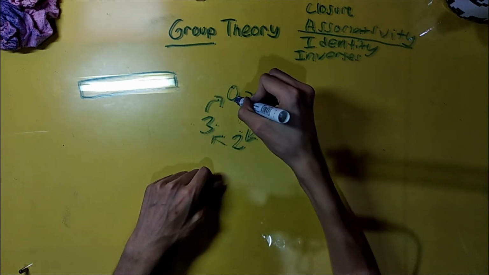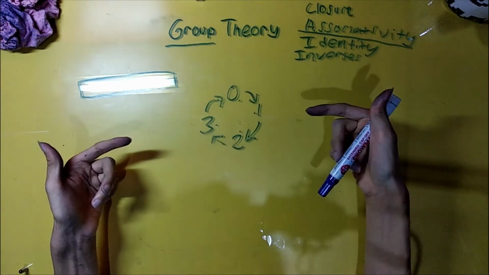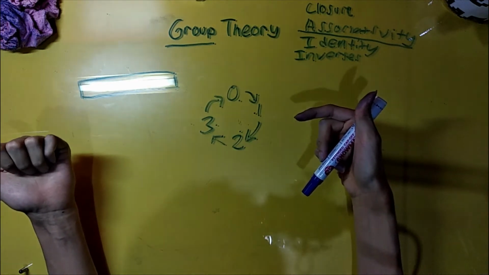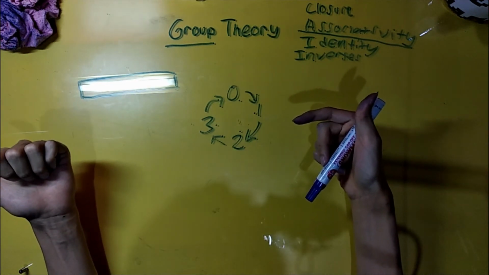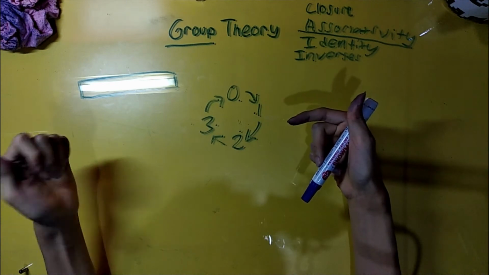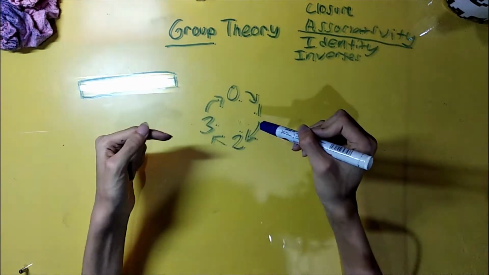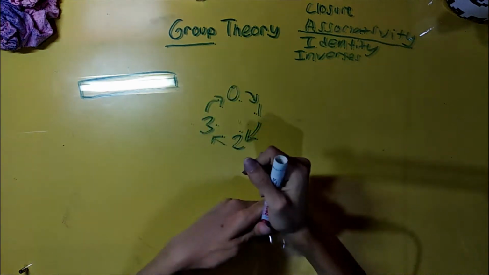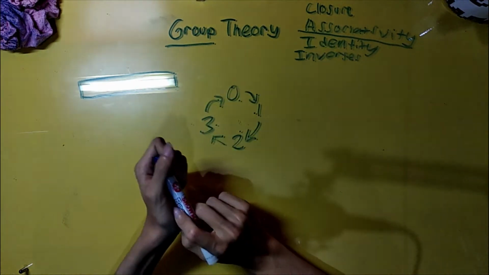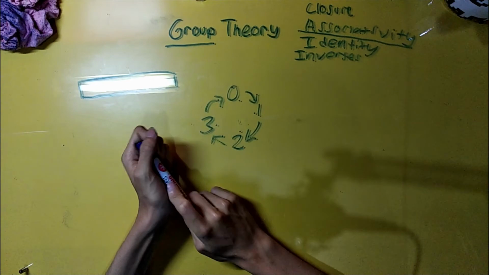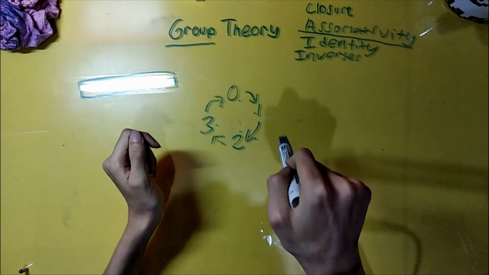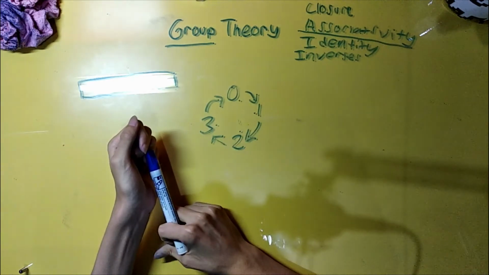Now we have a finite set. The other example before, we call it an infinite group because it has an infinite number of elements, whereas this would be a finite group because it only has a limited number of elements or numbers.